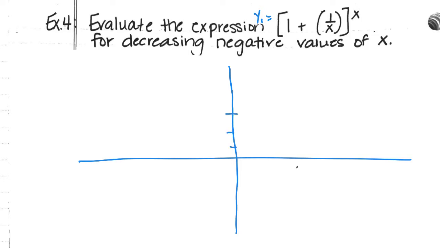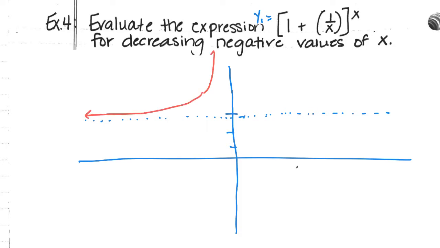Remember, e is about 2.7. So I'm going to put a horizontal asymptote there, and I'm going to graph kind of what this graph looks like. Again, my drawings aren't of perfection, but I think you know that by now. It's going to look like this.